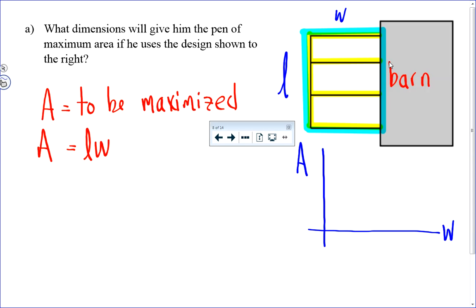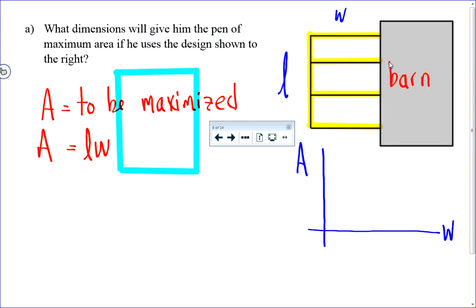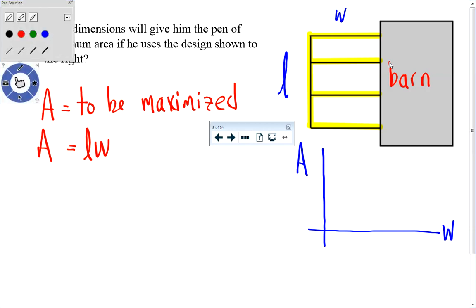And to do that, we're going to use an equation of constraint. I'm going to pull off of here the blue rectangle because I think it might confuse you in the next step. When we take a look at the yellow pieces, which are the pieces of the fence, each of these 4 pieces is a width.